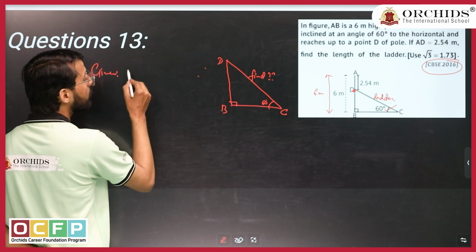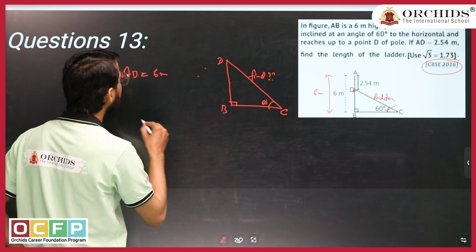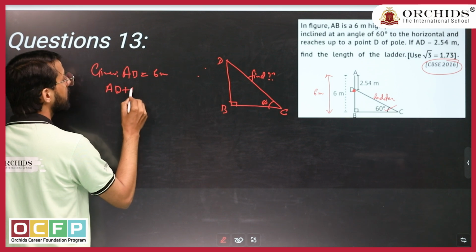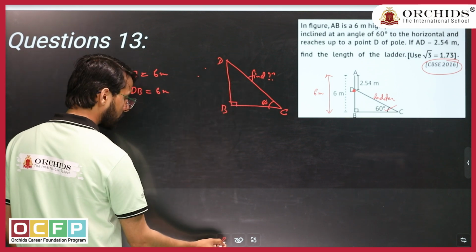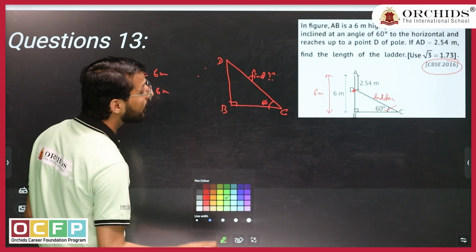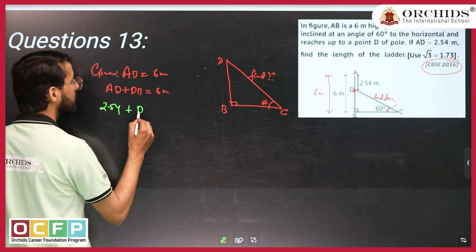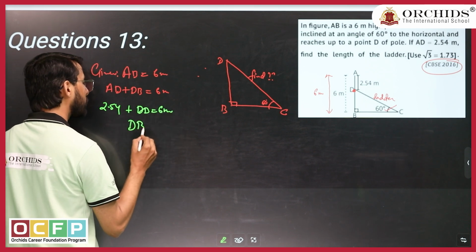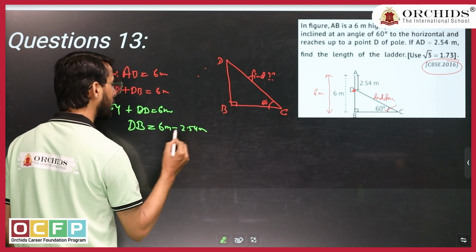Can you observe something here? They have given you AB equals 6 meters, and AB is the combination of AD plus DB, which is 6 meters. And the AD length they have given you as 2.54 meters. So 2.54 plus DB equals 6 meters. So the length of DB is nothing but 6 meters minus 2.54 meters.